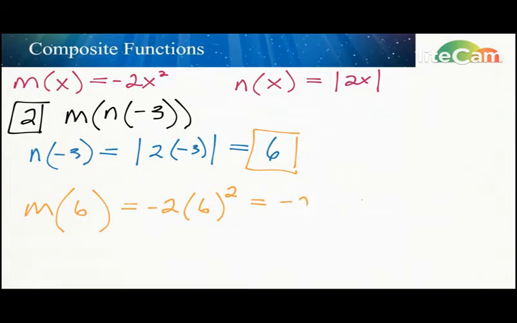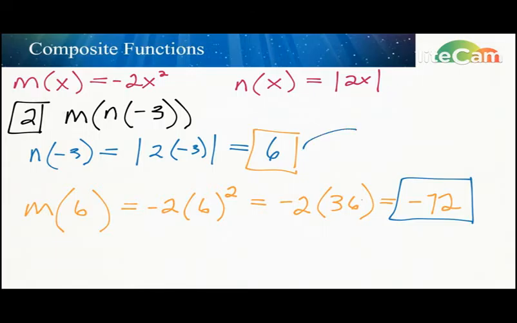That's going to be -2 times 36, which would give me -72. Even though I used this 6 to find my answer, my final answer is -72.